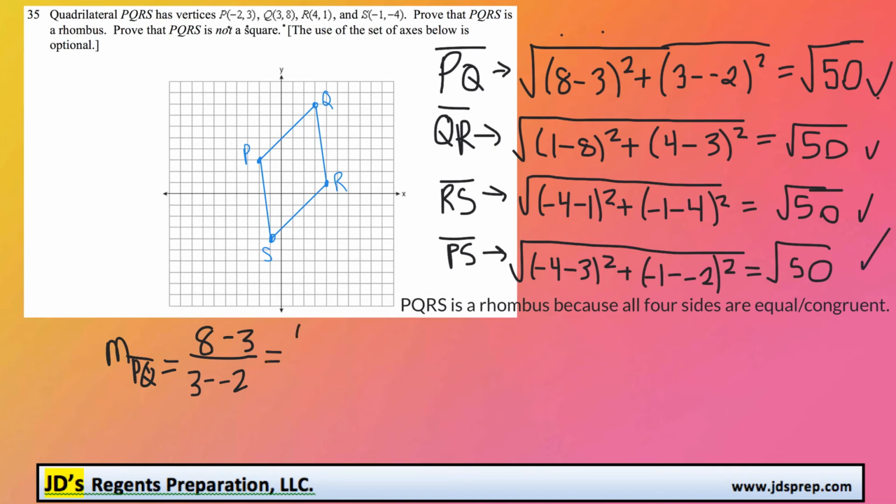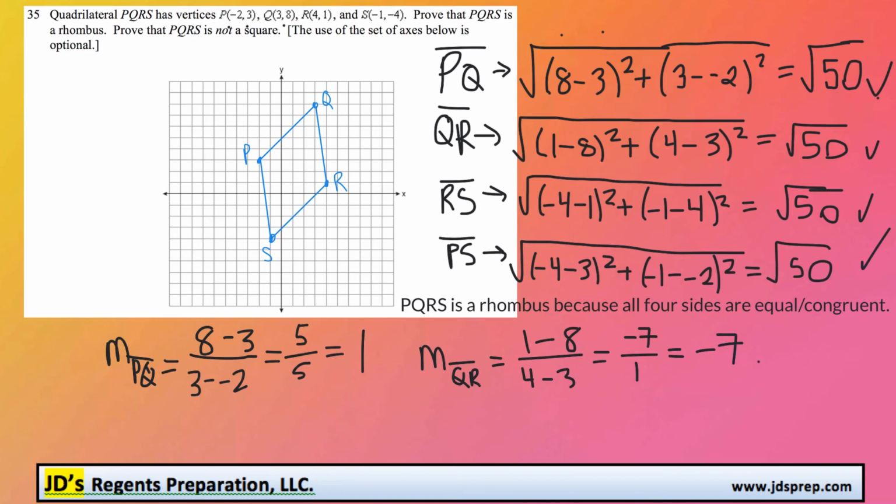So that becomes 5 over 5, which is 1. Now we'll compare that to the slope of the line QR. If we calculate that, we would do 1 minus 8 over 4 minus 3. That gets us negative 7 over 1, or just negative 7.